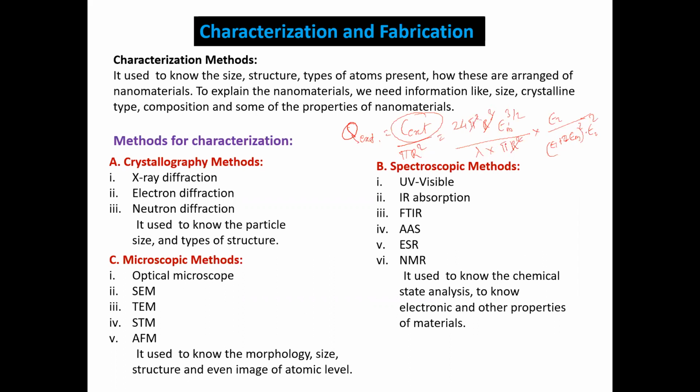Here lambda square and lambda cancel. So the equation becomes, Q extinction coefficient, that is the extinction of light, equals 24 pi r into epsilon m raised to power 3/2 upon lambda, only lambda remains here, into epsilon 2 upon epsilon 1 plus 2 into epsilon m raised to power 2 into epsilon 2 square.